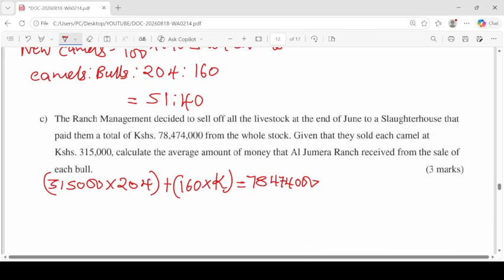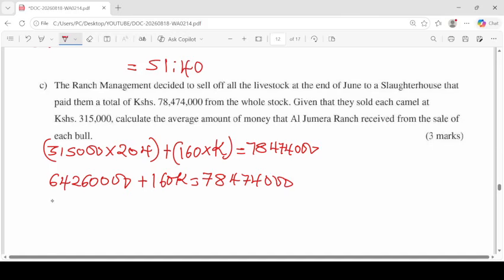So when you take 315,000 and multiply by 204, this is 64,260,000, plus 160K is equal to 78,474,000. Let us collect the like terms.